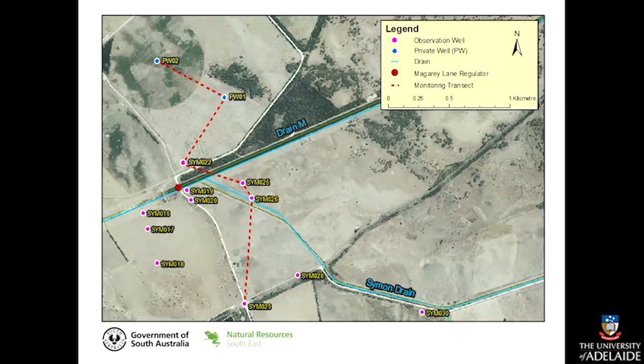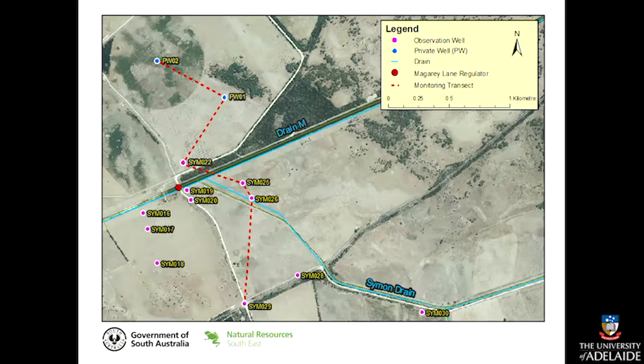So basically the idea of the investigation was to work out the actual effect that the regulator was having on the local water table, and then use these results to produce an operational procedure that hopefully benefits all aspects as equally as possible.